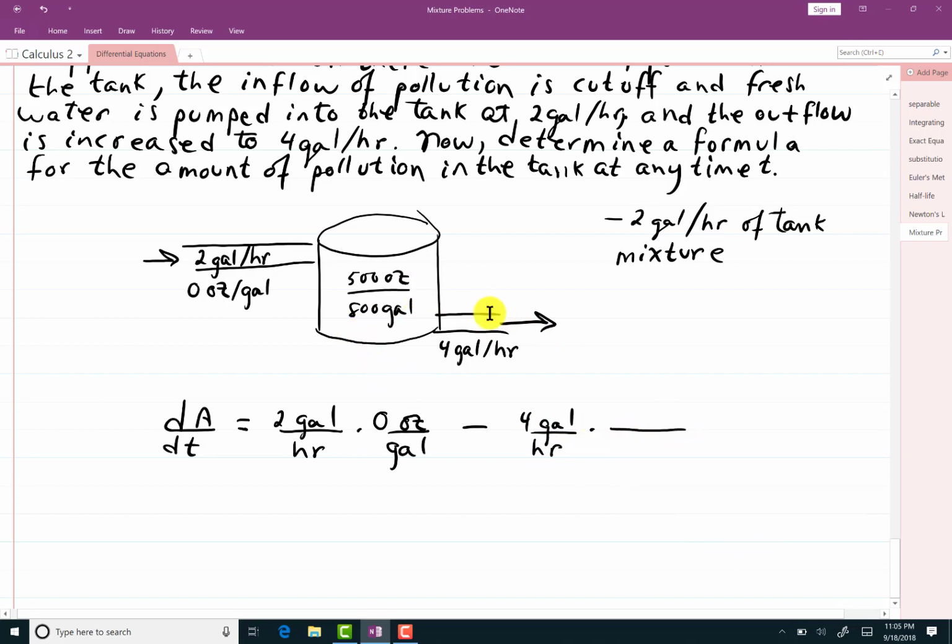We don't always have 800 gallons in here. We have 800 minus 2t, if t occurs after the time that we said it was. And then how many ounces? Well, we're calling that A. And that would be ounces per gallon.